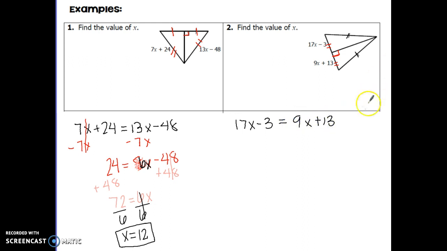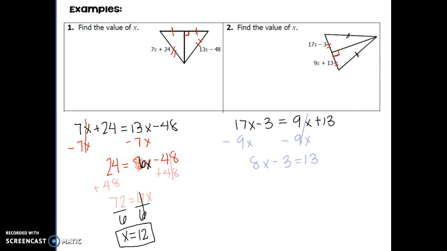I have to move my smallest variable first, so I am going to go with 9x here. So this cancels. Then minus 9x over on this side. We will subtract those two, and this one leads me to 8x minus 3 is equal to 13.